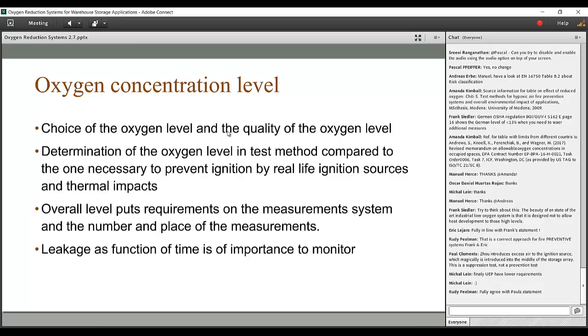So if you have ignition scenarios that are much different than the test methods, you can't necessarily assure that you're going to get the level of protection that you are anticipating.